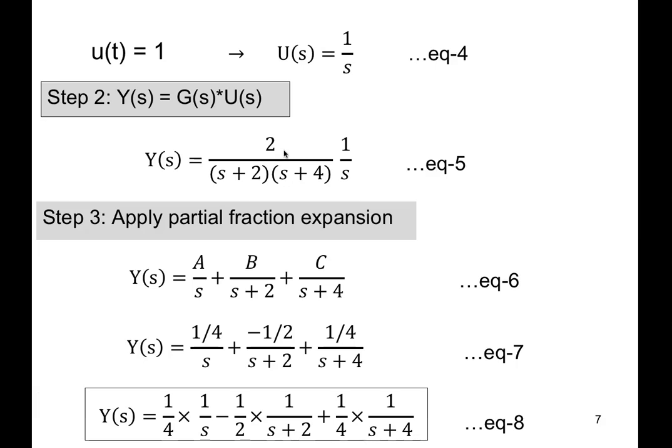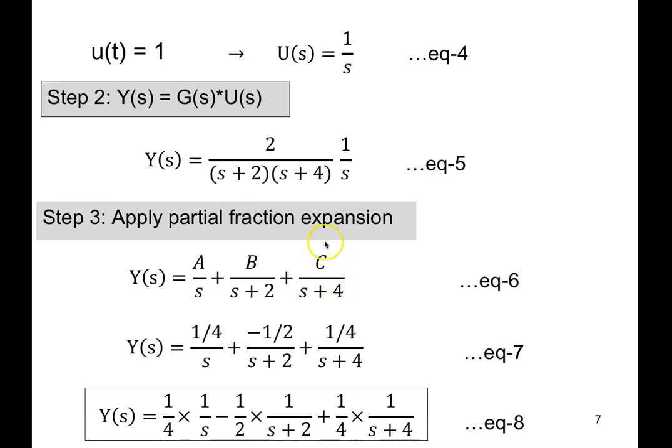Okay, so I need to break them down into forms that I am familiar with, or you are familiar with. So in the denominator, I have 3 terms: s, s plus 2, s plus 4. They are multiplied together. I need to break them into additions. So that becomes something over s, something over s plus 2, something over s plus 4. That is a typical process of partial fraction expansion.